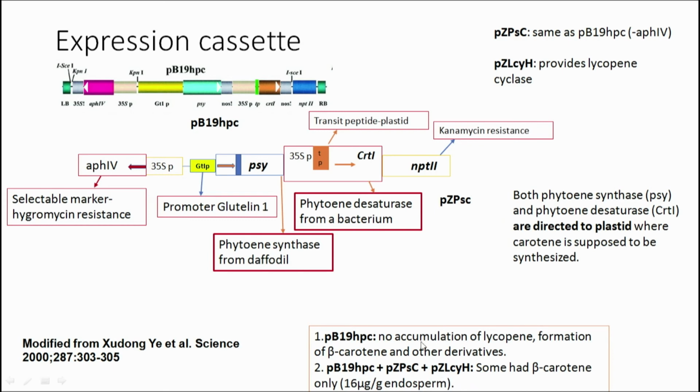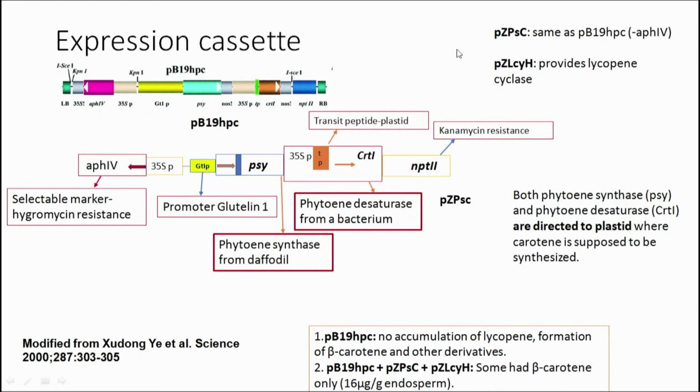So, this particular plasmid is the same as PB19 HPC, except that it does not contain this hygromycin resistance, and this one provides the last enzyme, which is the lycopene cyclase. Okay. So, in other words, there is a set of plants which already contains these particular expression cassettes. In addition to that, it is transformed with this as well as this plasmid.